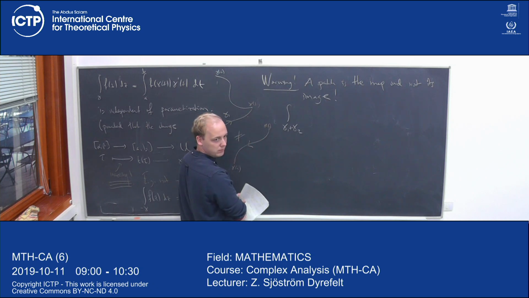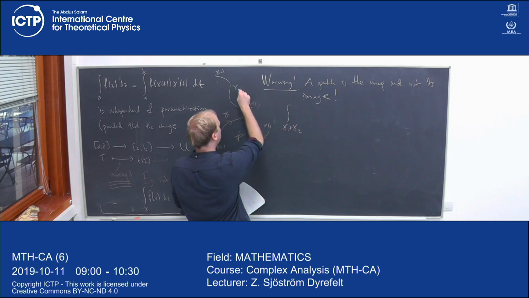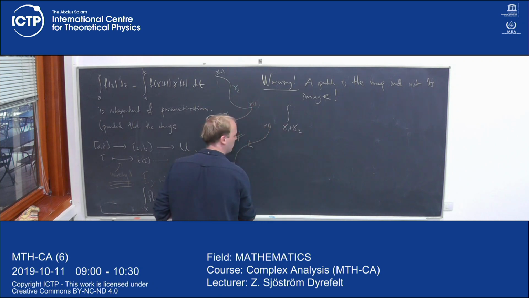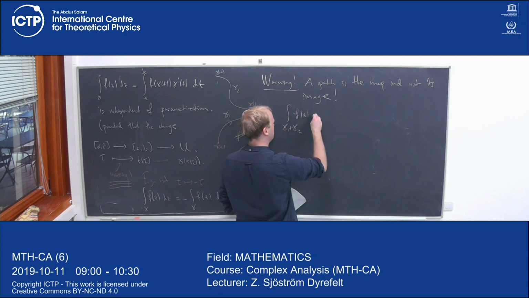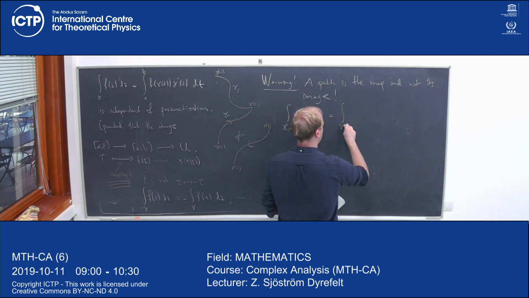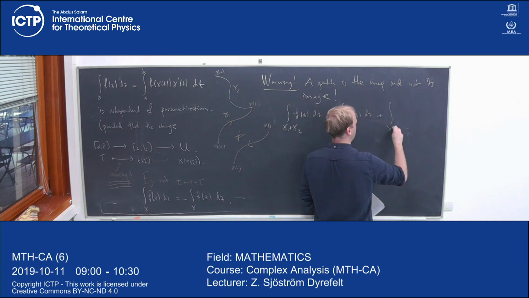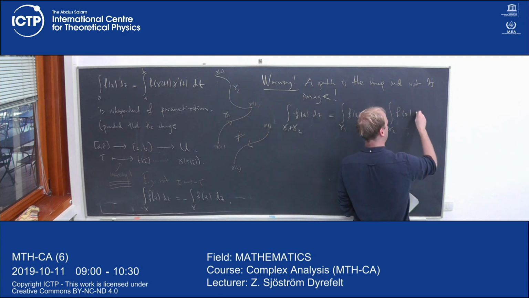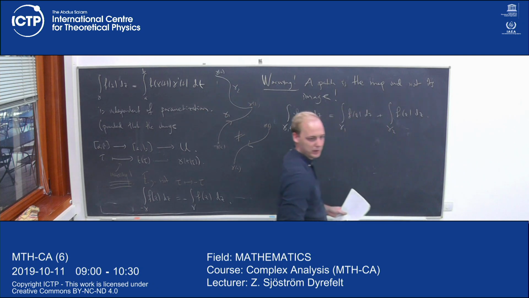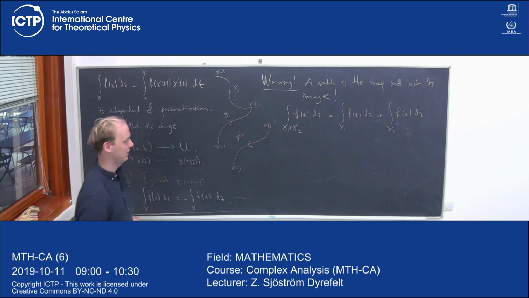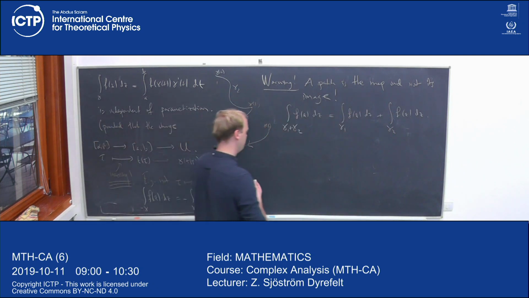Then this path that's defined in this way, if you integrate over gamma 1 plus gamma 2, then this will be equal to the integral of gamma 1 plus the integral of gamma 2. And this is something that's often very useful because you can do things like this.